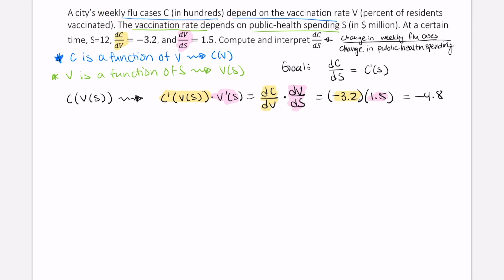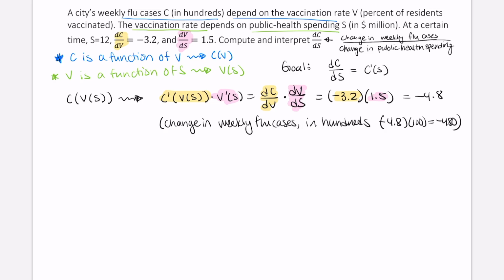And what we just worked out was the derivative of C with respect to S, so the change in weekly flu cases with respect to public spending. So since these flu cases are in hundreds, let's work out exactly how many that is. We'd multiply negative 4.8 times 100 to get negative 480 right there.